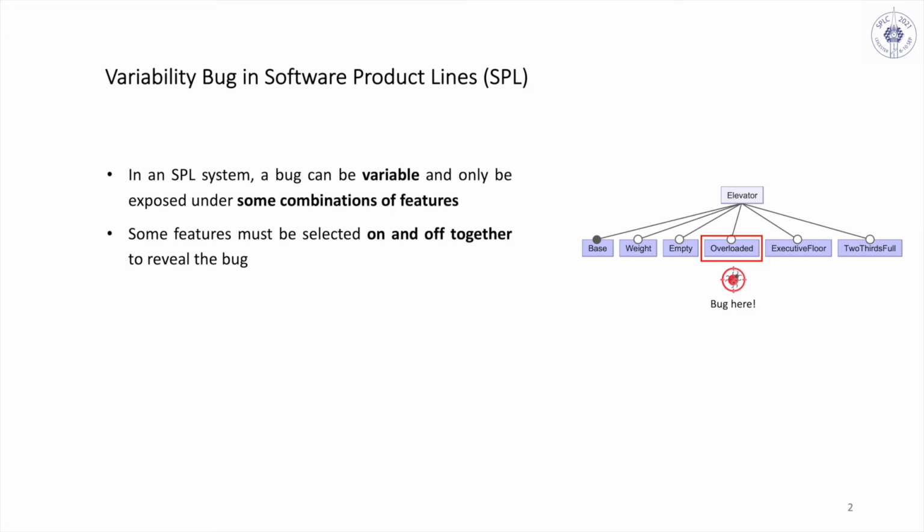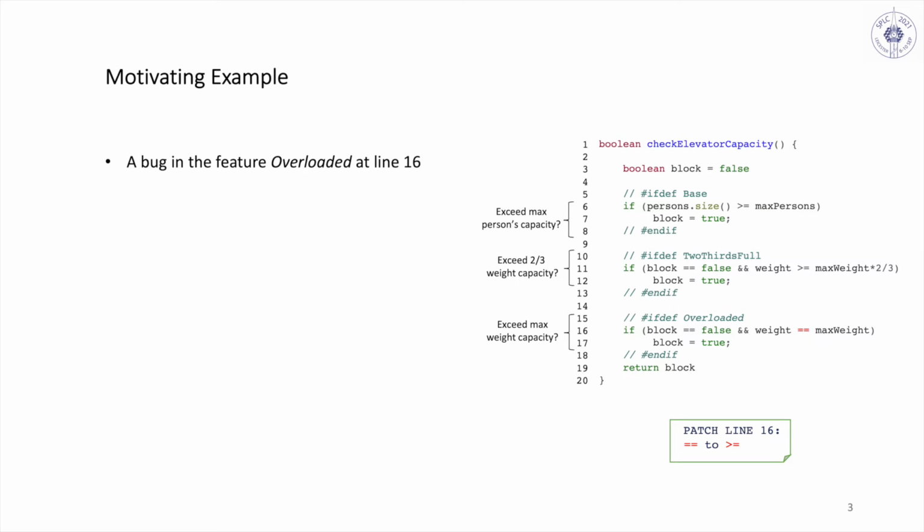I will elaborate on when this happens in the following source code example. The code on the right side shows a simplified variability bug in the elevator system. The function checkElevatorCapacity is defined to determine if it is necessary to block the door and wait for some people to get out until it fits the allowed capacity, so the elevator can close the door and continue to the next floor.